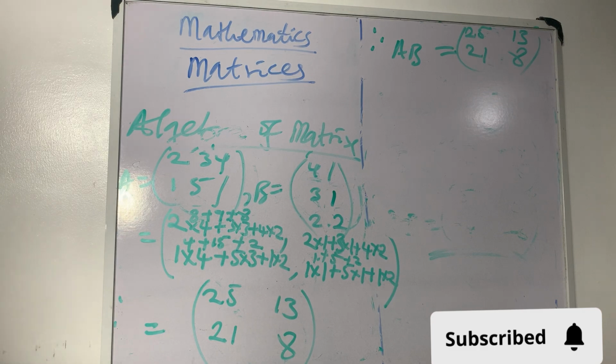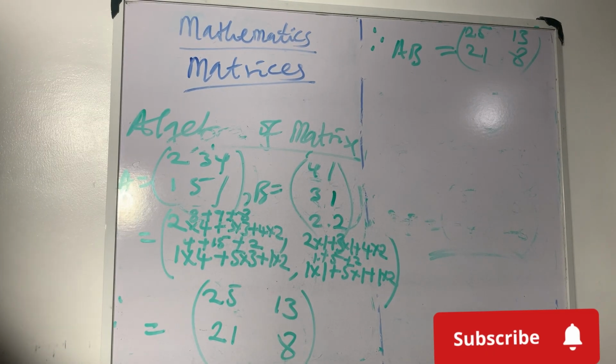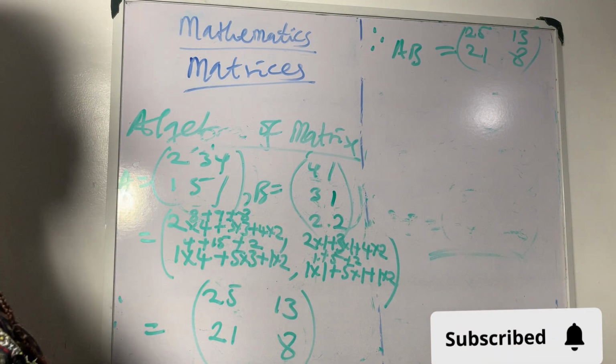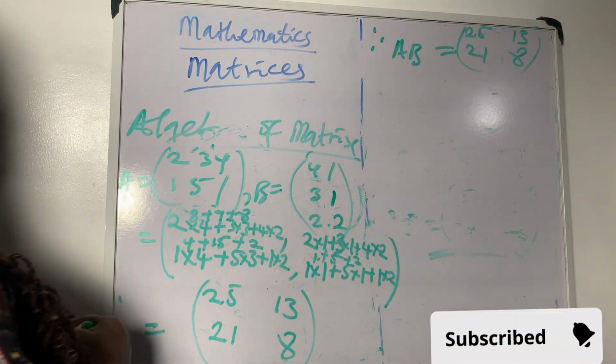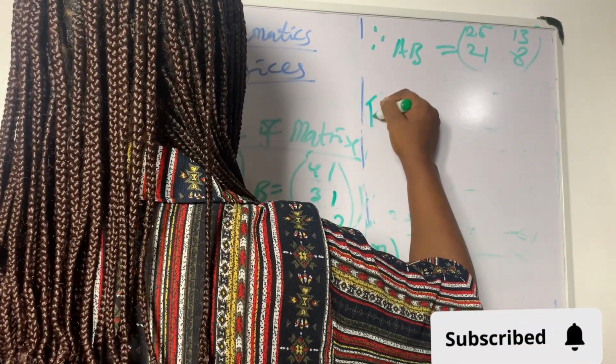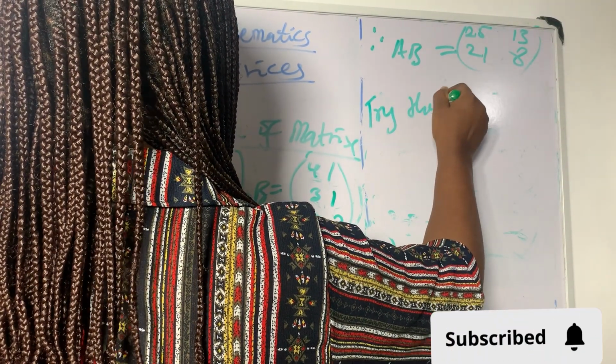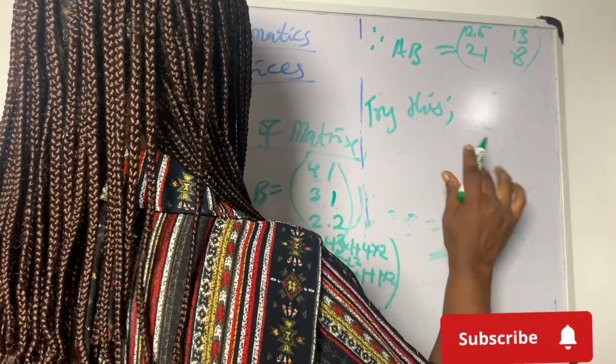It is very interesting. I believe if I drop one for you to try at your leisure, you should be able to do that. It's very interesting. At your leisure, try this.